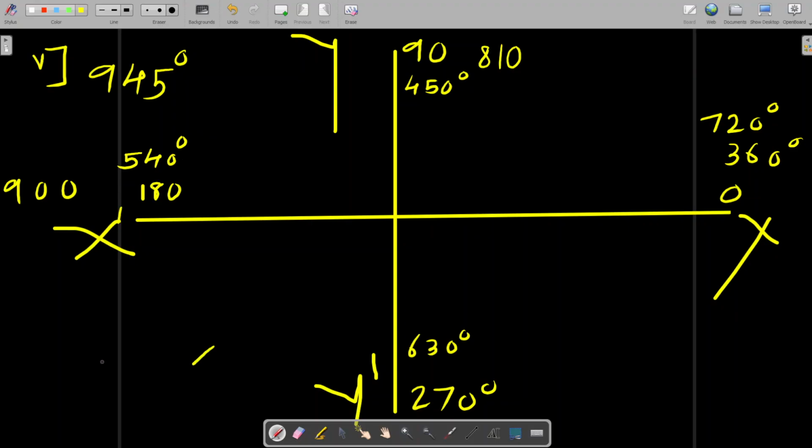So here it will come. So I can write 945 as 900 plus 45 degree.